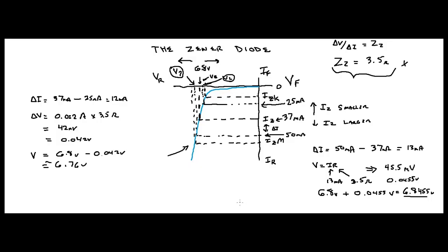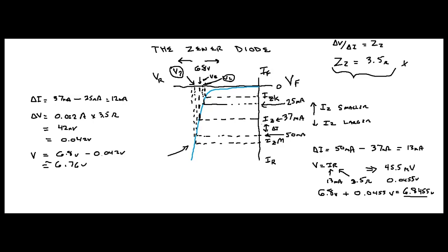So after that problem, you can see the technique is pretty much the same, right? You have to determine your change in current, your delta I, and once you determine your delta I, if you draw it like this, you will know what side of VZ your new voltage is going to be, right?